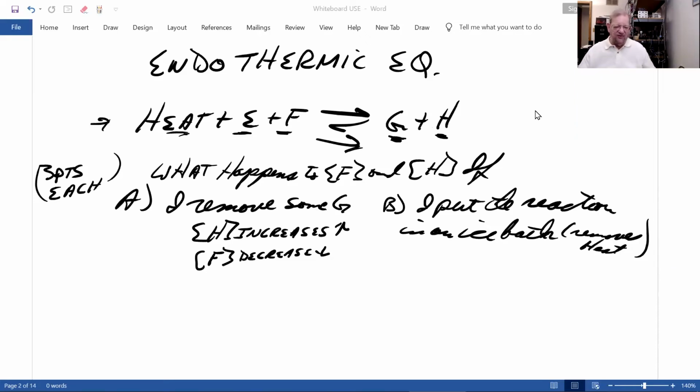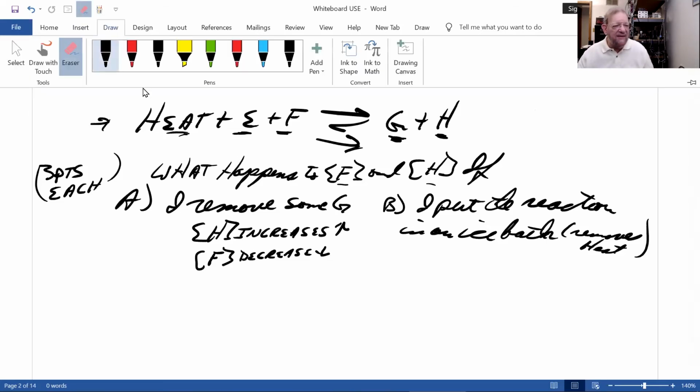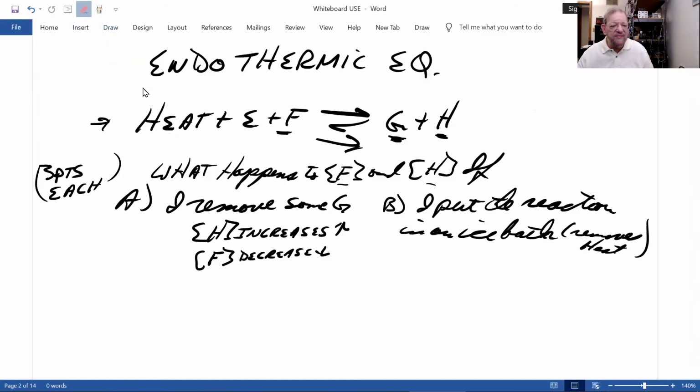All right, let's look at the question. What happens to the concentration of F and H if I put the reaction in an ice bath? Well, that removes heat.